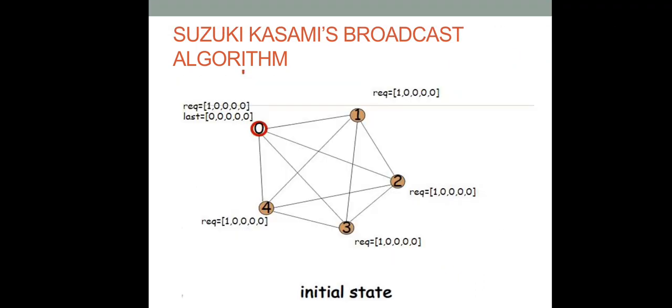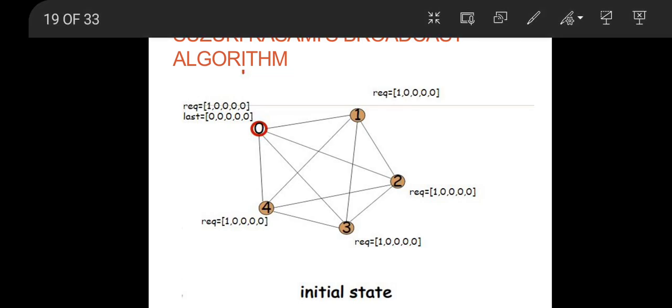So this is an example of how Suzuki-Kasami works. As we can see here, let us say we have 5 sites in our distributed system. So 5 sites means every site will be maintaining the Rn set, which is going to have the entries of the request messages.